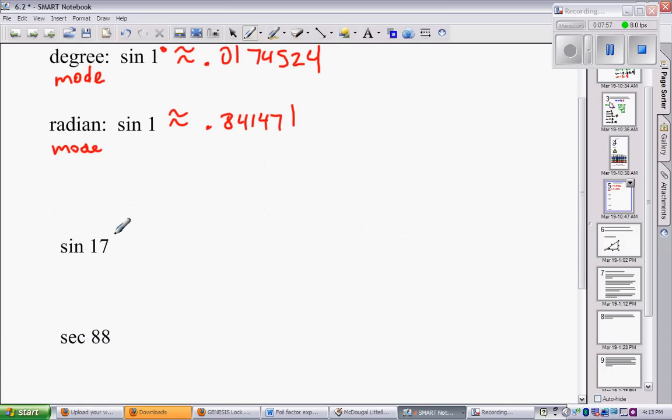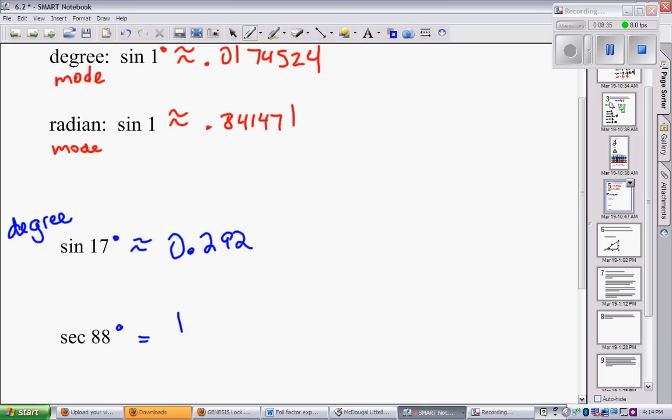And let's say that these are both given to you in degrees. Plug in the sine of 17. Make sure you are in degrees. Let's round to 3 decimal places. 0.292. For secant of 88 degrees, there is no secant button. That's why the reciprocal relationships come into play, and they are very important.